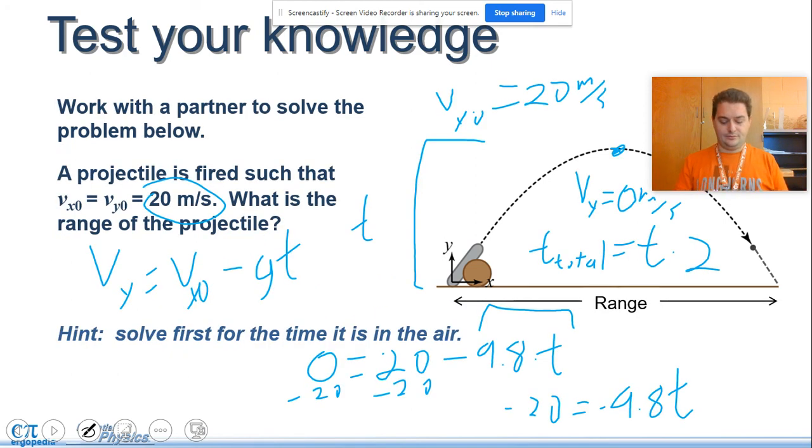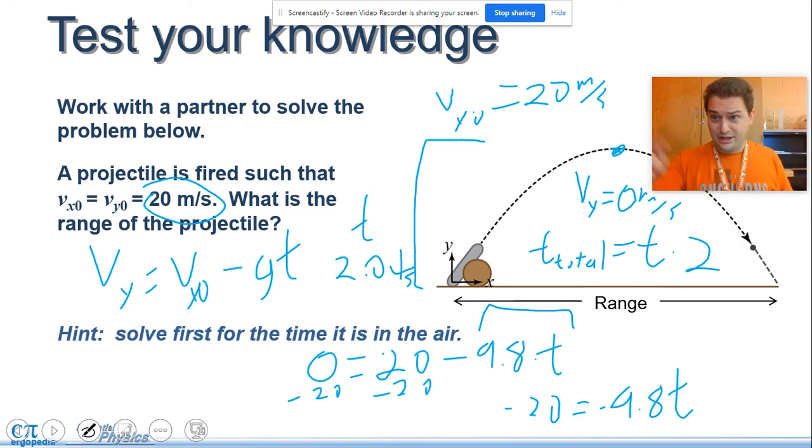Anyways, you could use the y-axis equation. You could do that. But anyways, you do 20 divided by 9.8, which is 2.04. So the time up and down is 2.04.